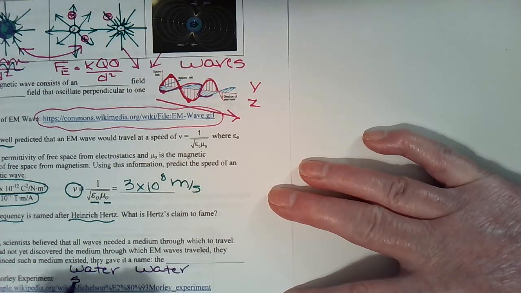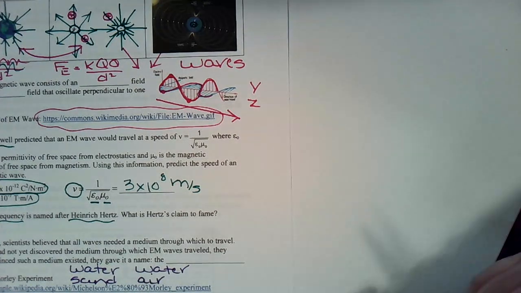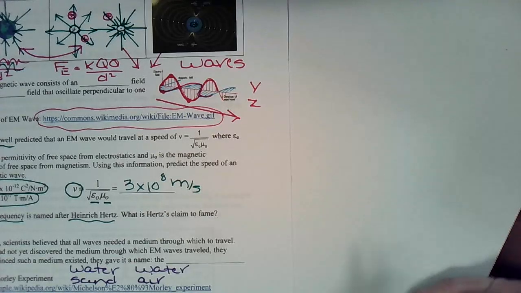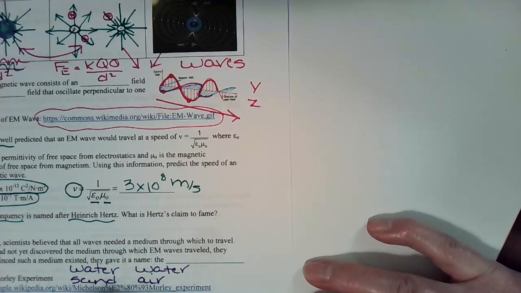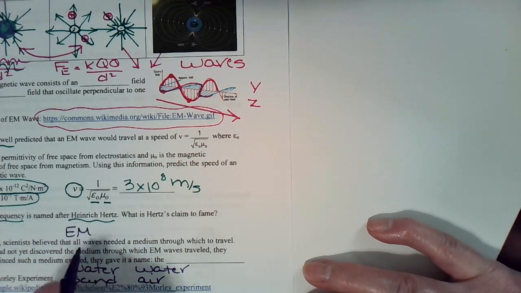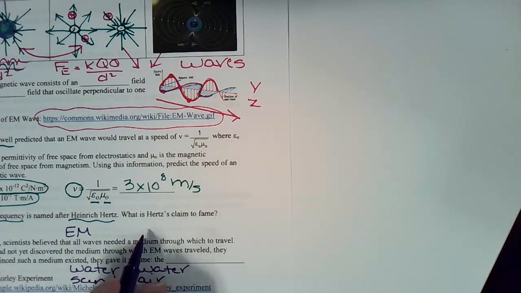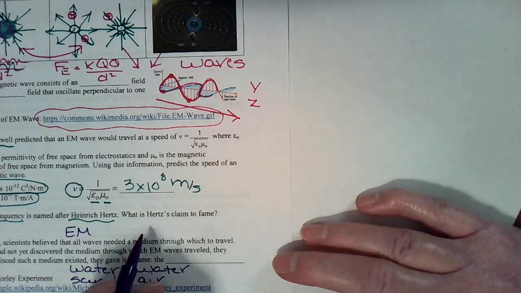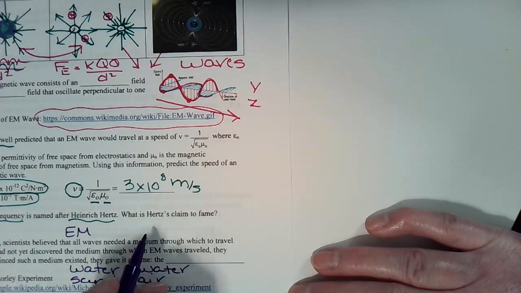And if I wanted to have a sound wave, I'm going to need some air. And so then we're talking about light in all of the waves in the electromagnetic spectrum. And scientists say, oh, well, electromagnetic waves, I'll write this up here, they are going to need something to travel through. But nobody knew what it was.